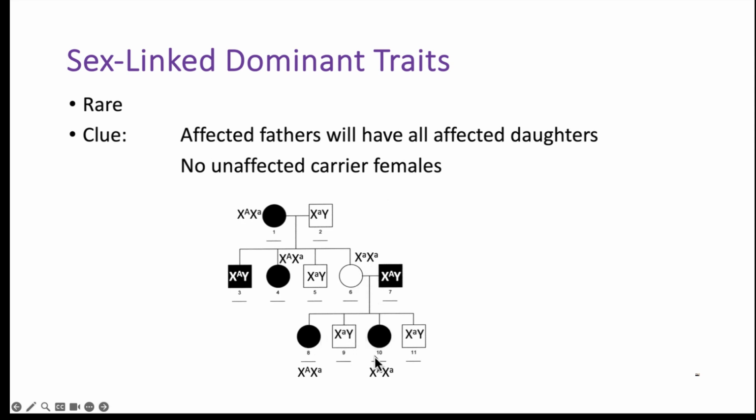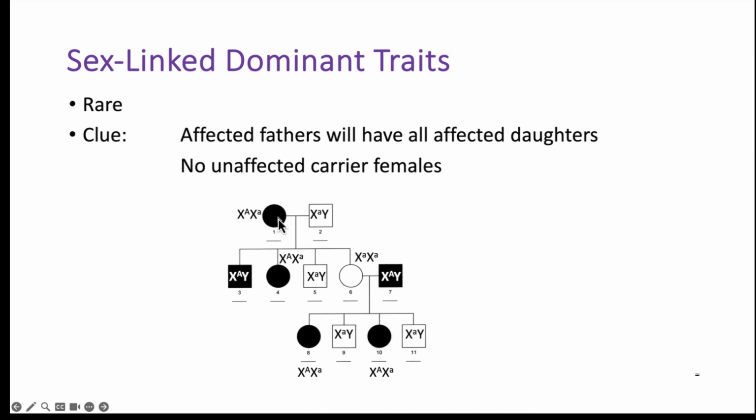Now the daughter is heterozygous because the mother was not affected, but the daughter is still affected because it's dominant. We don't see unaffected carrier females because it's dominant. Here's an example where the mother actually has the disorder and the father is hemizygous recessive.